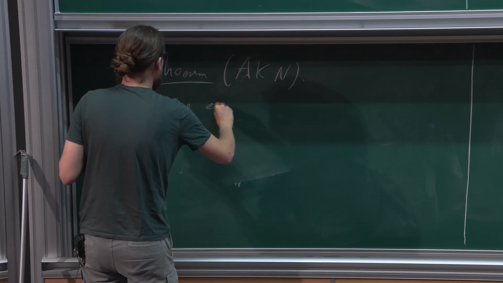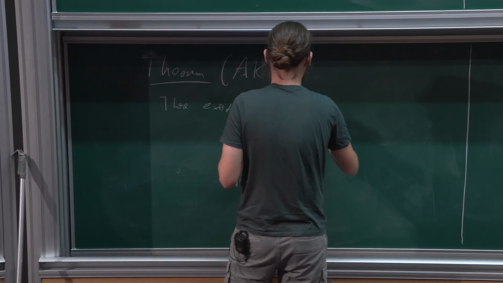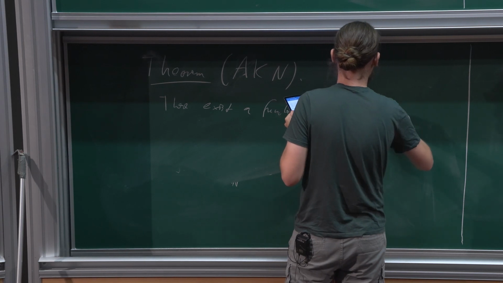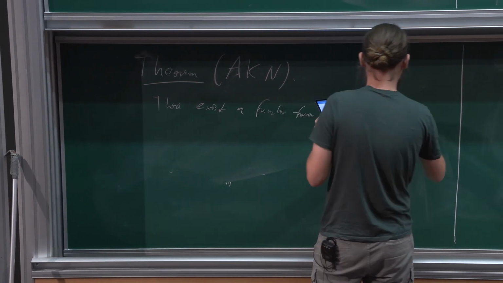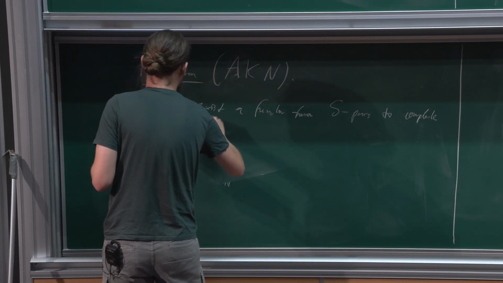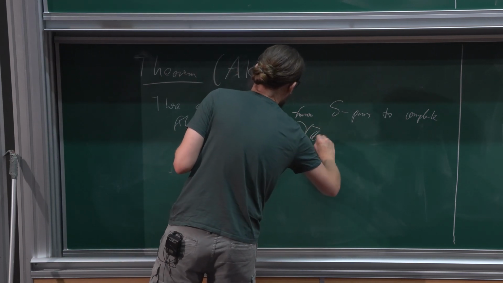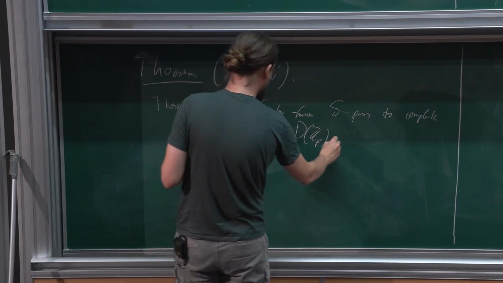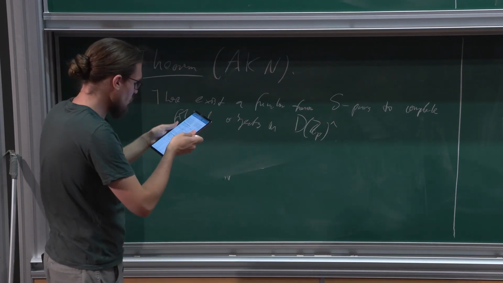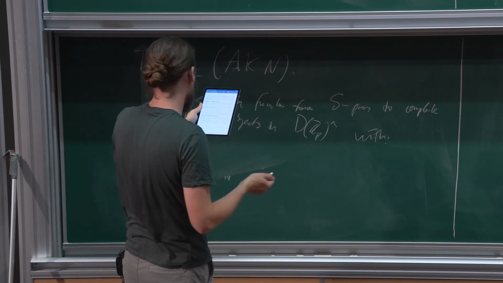So there exists a functor from delta pairs to complete filtered objects in the derived category, in the p-complete derived category, with the following properties.